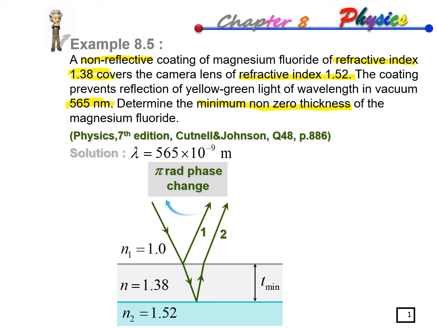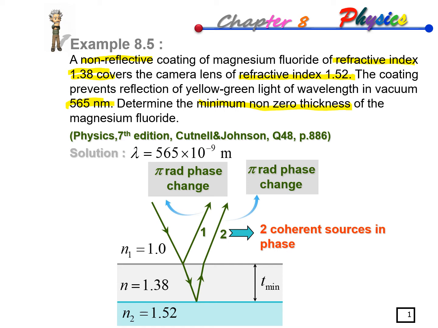So this ray will also experience a phase change of pi radian. Since both experience phase change, both reflected rays will be in phase, so you will end up with coherent rays.